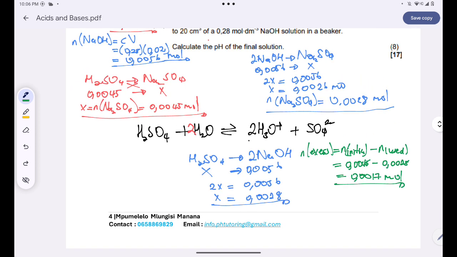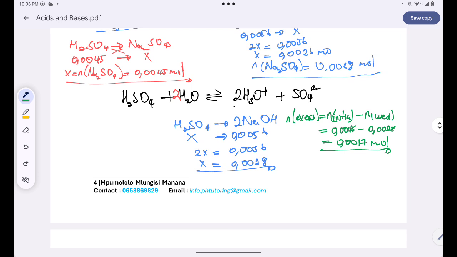Are you together? So all I need to do now is to calculate the concentration of the hydronium ion, and after finding the concentration of the hydronium ion, I'll simply calculate the pH. But before I find the concentration, it is much safer for me to calculate the number of moles of hydronium ions. I know that H2SO4 will give me 2 H3O plus ions.